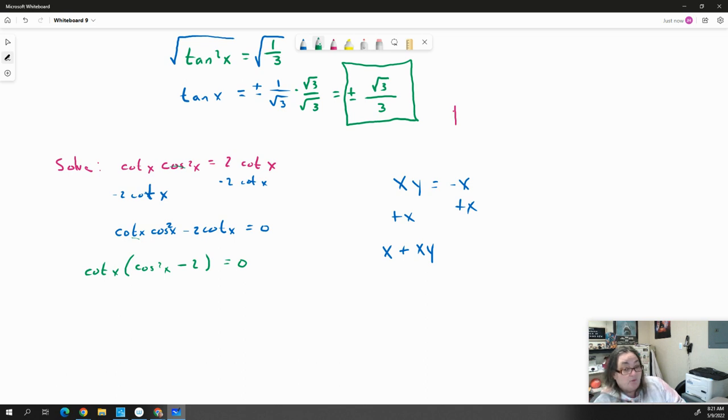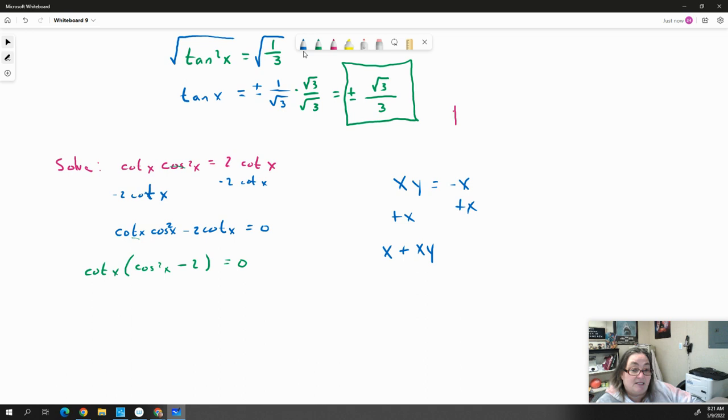If this cotangent of x was 0 and I multiplied it by this, the whole thing is 0. If what we have inside here is equal to 0 and we multiply it by cotangent of x, the whole thing would equal 0, because anytime we multiply anything by 0, it becomes 0.